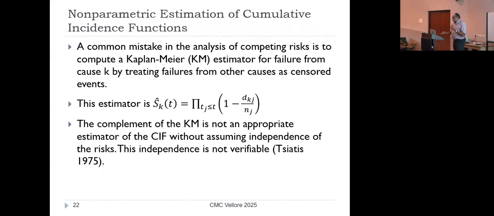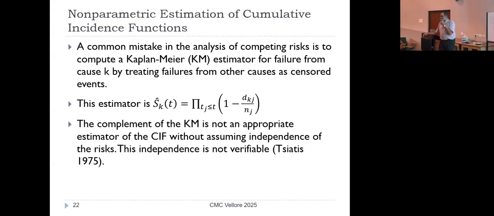So what many people do is they just say, oh, I can just use the Kaplan-Meier estimate for this. But the Kaplan-Meier assumes non-informative censoring. And that's where the problem lies.